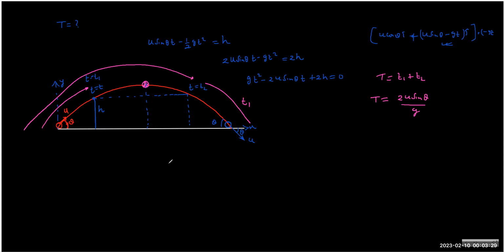Correct. Very good. So we have y equals x tan theta into 1 minus x by R, or y equals x tan theta minus g x square upon 2u square cos square theta. And by putting this to 0, you can get tan theta equals g R by 2u square cos square theta.